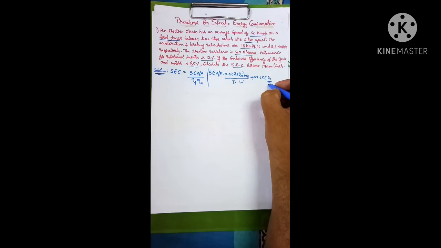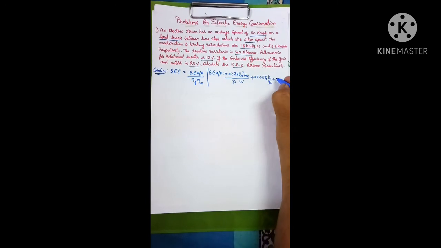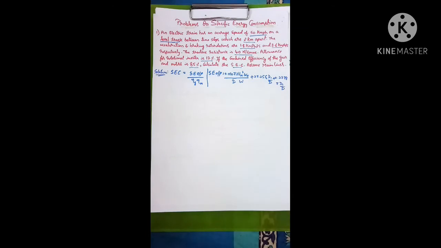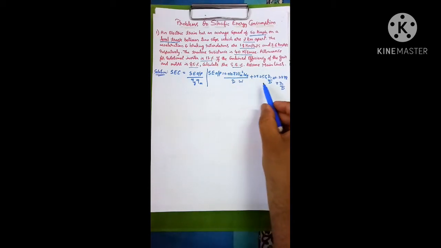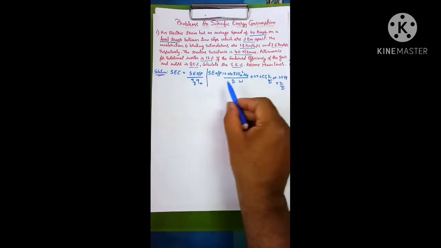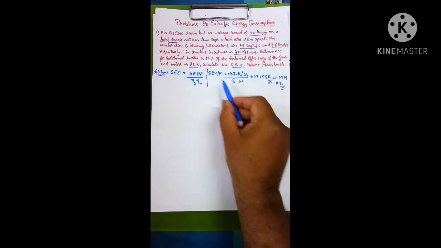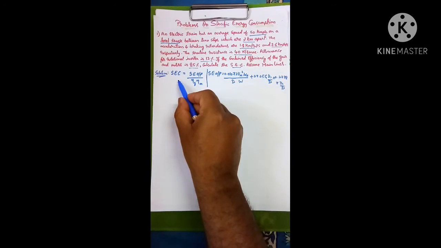This is the formula for specific energy output, derived in the previous class. Now substitute the unknown parameters here and get the specific energy output. After getting that, substitute here and find the specific energy consumption.